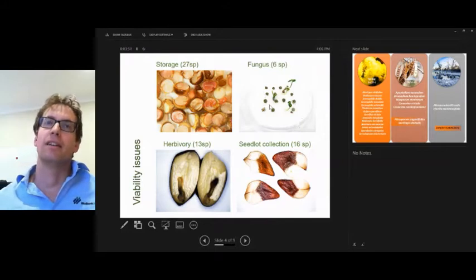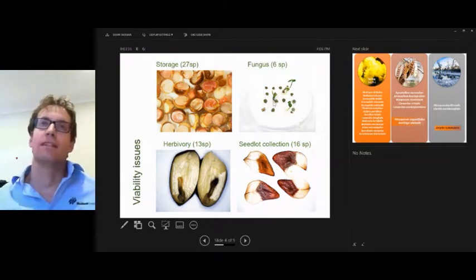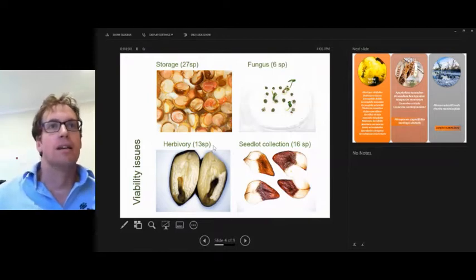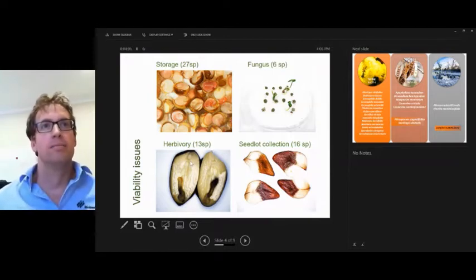Something inside the layers of the seed containing fungus that would destroy the germinate once it came out of the seed. Insect predation, herbivory.